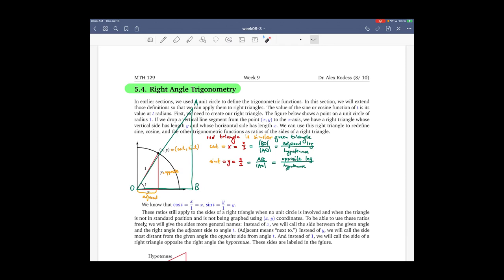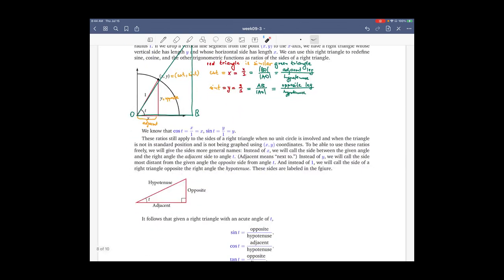Now, suppose we're given some right triangle with angle t. We understand that this leg is adjacent and this leg is opposite. We can always do the same procedure in the reversed order.